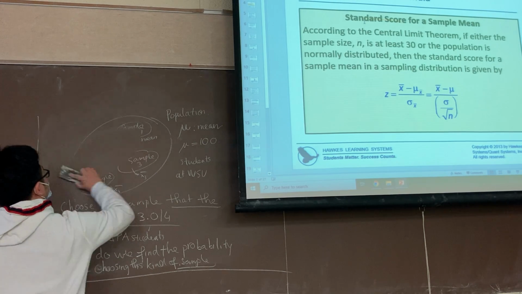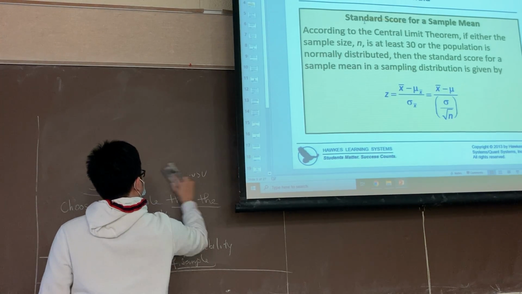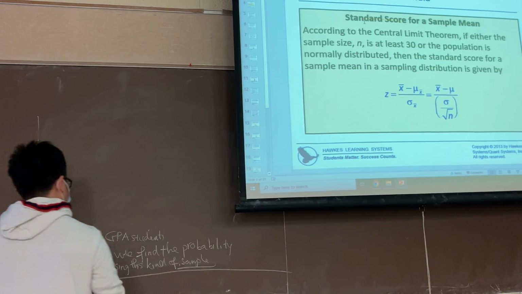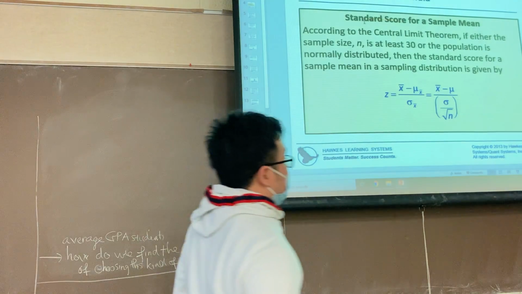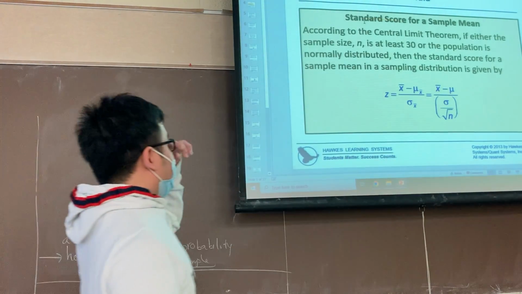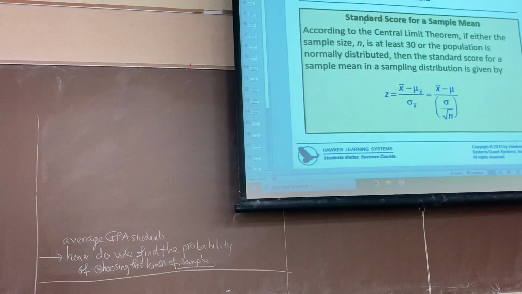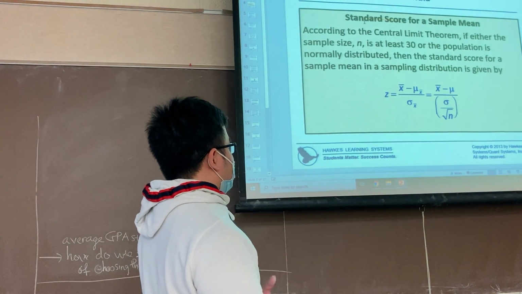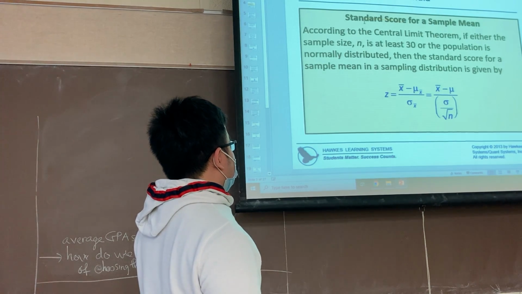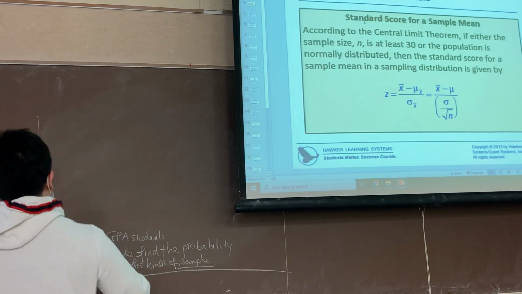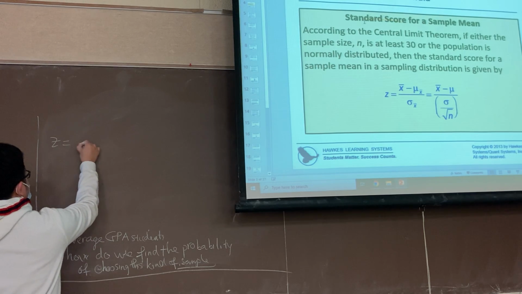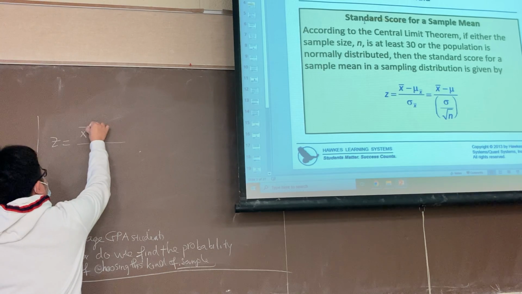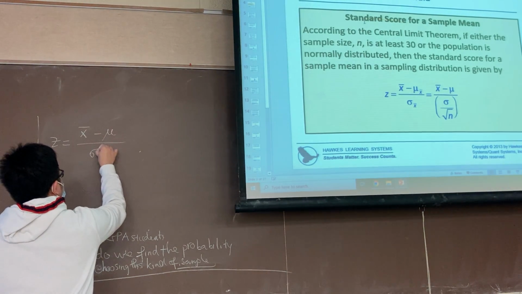That is the introduction, so now we move on to solve the problem. The first formula is the standard score for the sample mean. When they ask you about the sample mean, we can use the formula from the previous course: Z equals x bar minus mu over sigma.